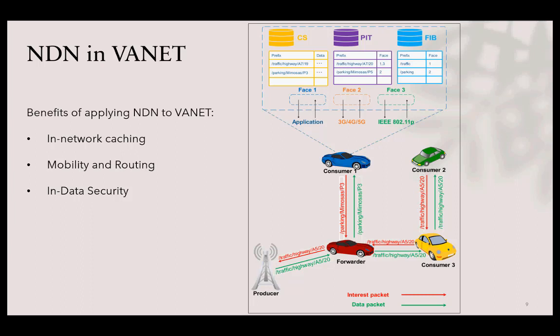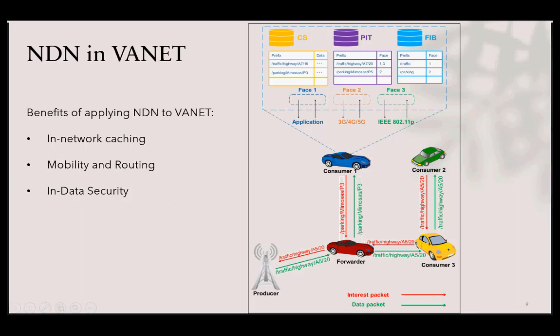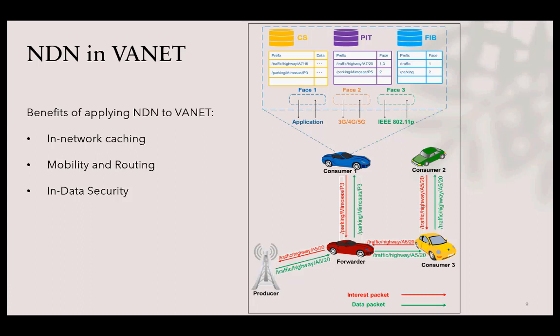If in the meanwhile consumer 3 receives an interest for the same content from consumer 2, the request is aggregated in the PIT and the interest is not forwarded again.